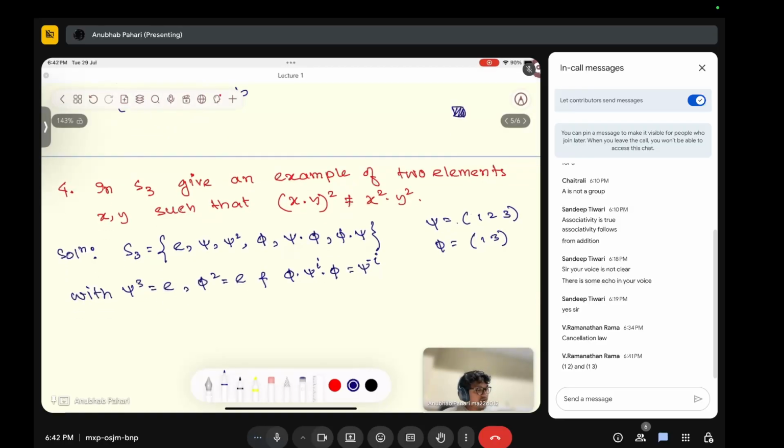Now, coming back to our notations, choose x equals to psi and y equals to phi.